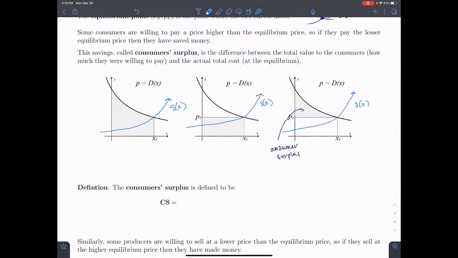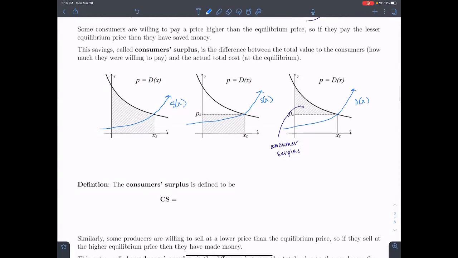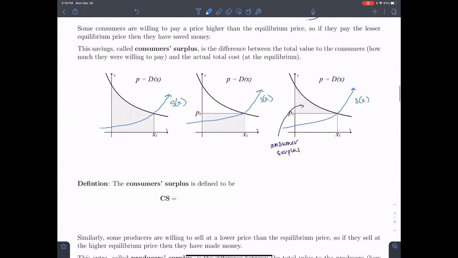So this first picture shows us the total value to the consumer. That's that entire area. So this whole area is the total value to the consumer. This is the actual total cost to the consumer, that box.